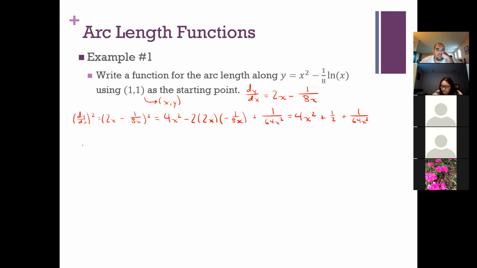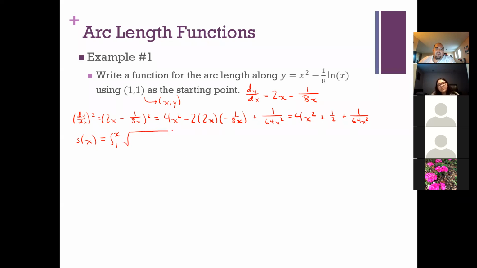Actually, I'll go ahead and take over here. We're looking for a function. So instead of just calling this s, I'll call it s of x. And I want to integrate from 1 to whatever x I want. So I'm trying to get a function that will give me the arc length from x equals 1 to whatever x I want.